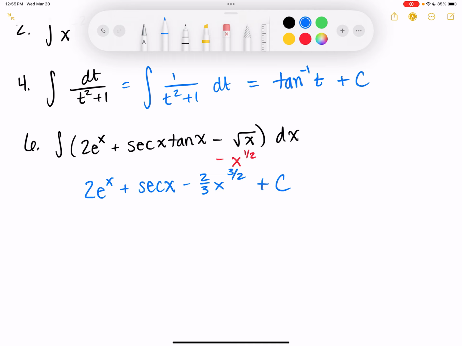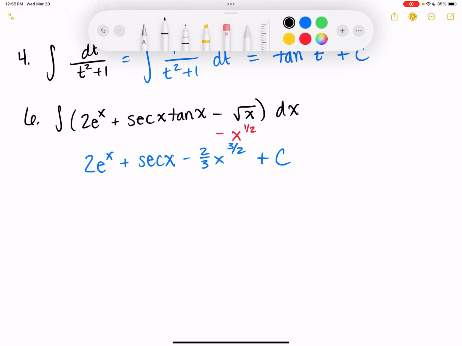Use differentiation to verify the antiderivative formula. So 8 says the integral of cosecant of u cotangent of u du is equal to minus cosecant of u plus C. So what they want us to do is take the derivative of this side and show that when we're done it's equal to this over here.